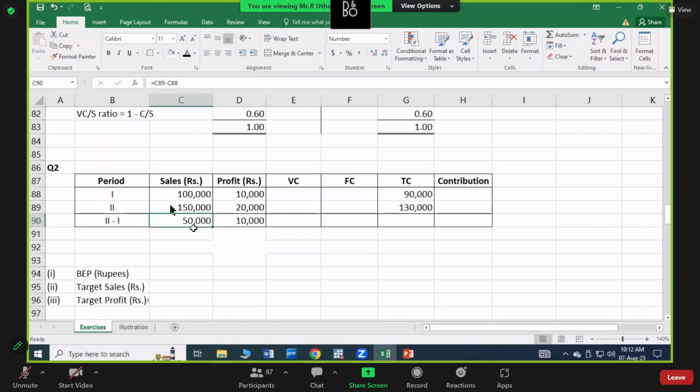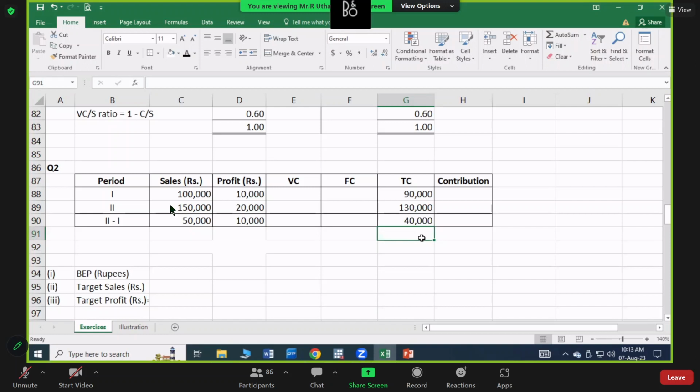The sales difference is 50,000 and the profit difference is 10,000, so the total cost difference should be 40,000. So it tallies. This total cost change refers only to the variable cost.